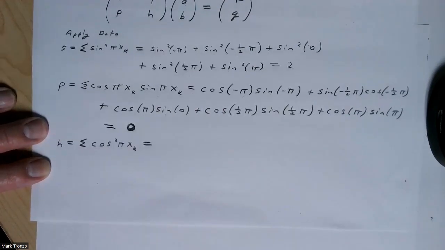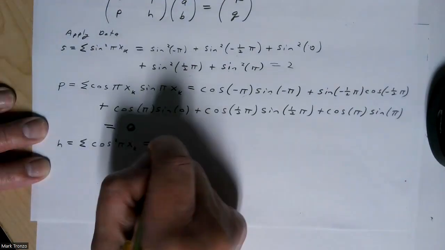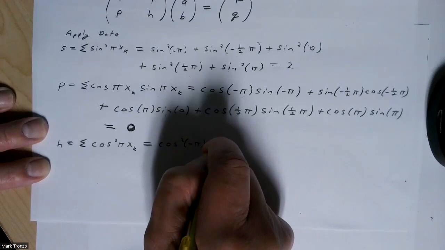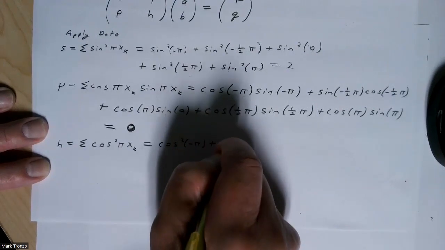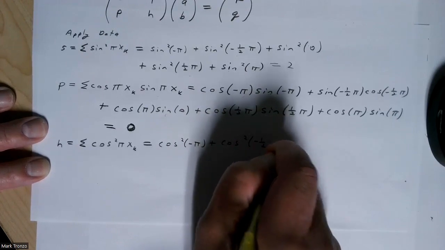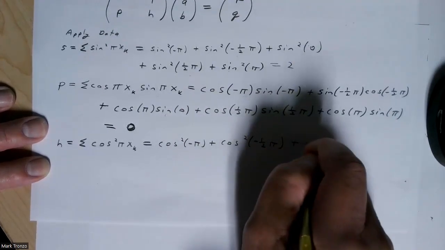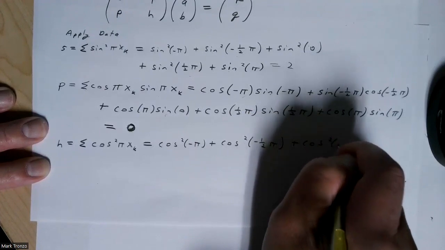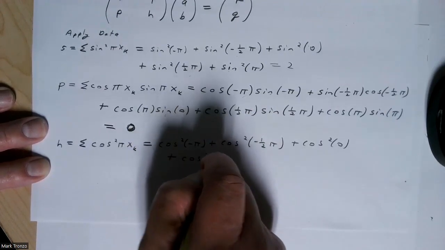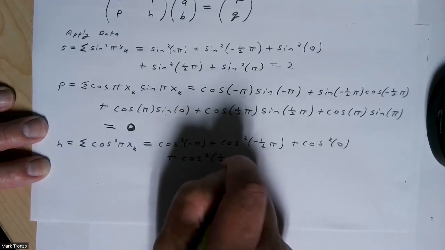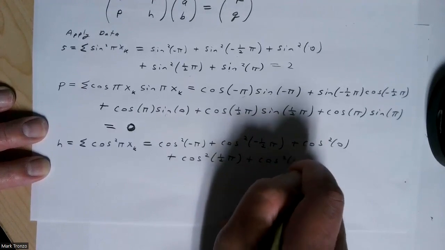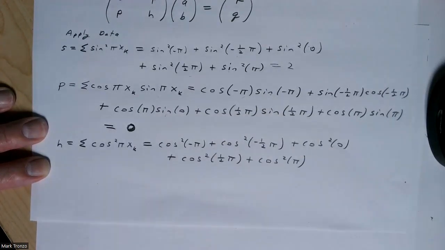Once again, put our data points in: -1, -0.5, 0, 1/2, and pi.